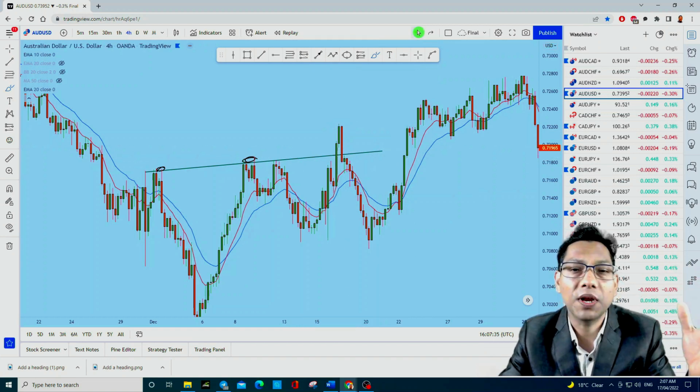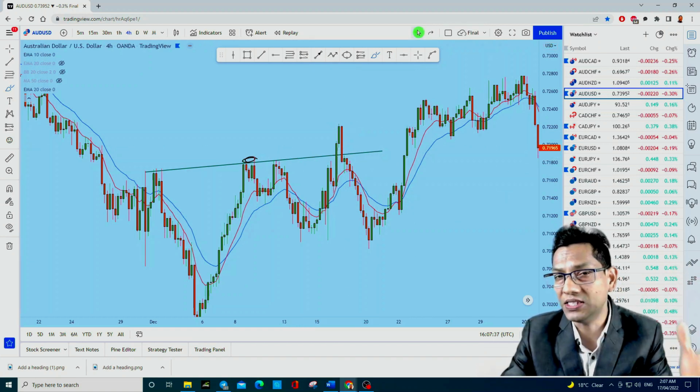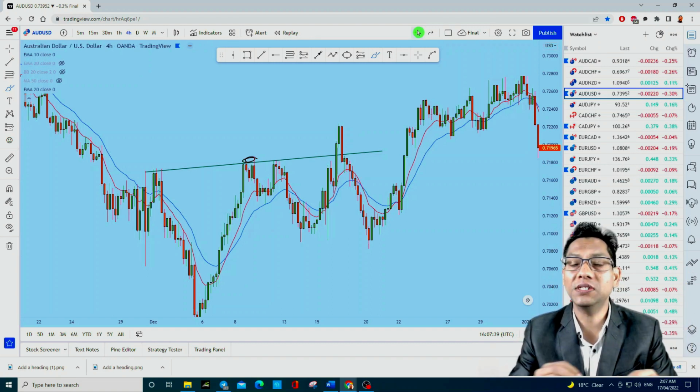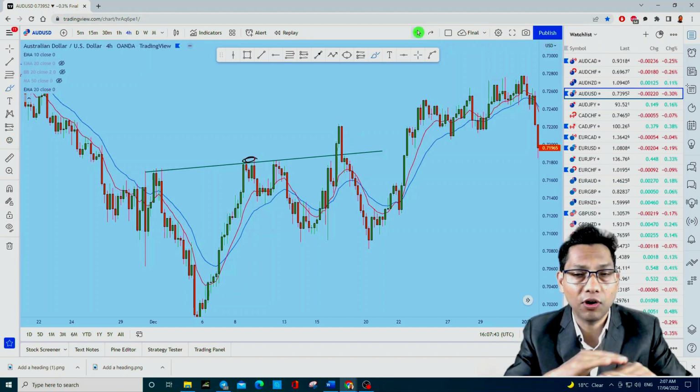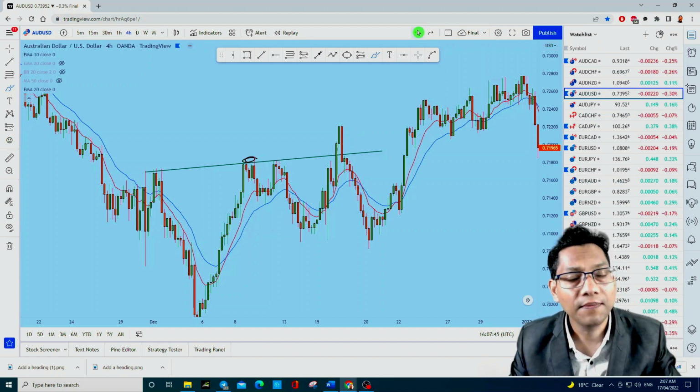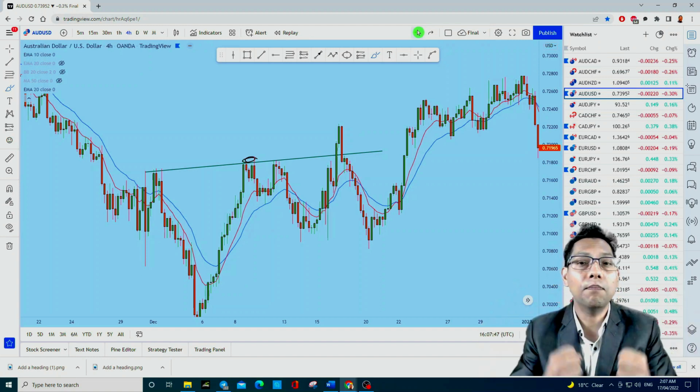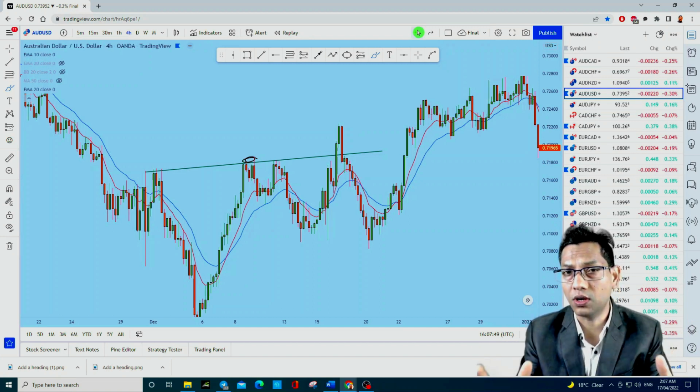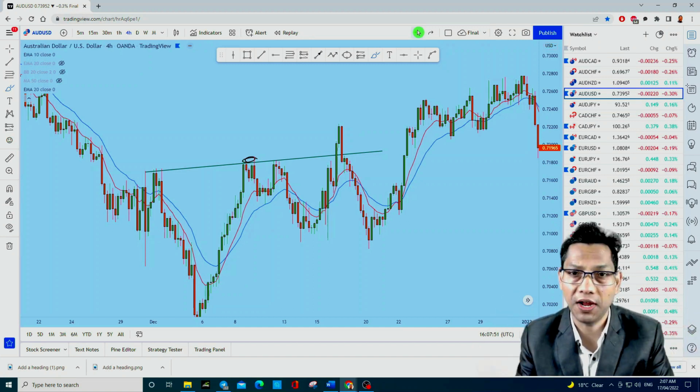So a false breakout could be of a channel, a resistance, or a support. That means when the price breaks any important level of support or resistance or a trend line and then immediately comes back to the range, we call it a false breakout.